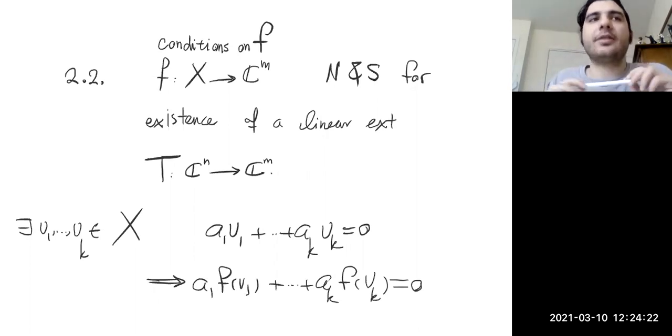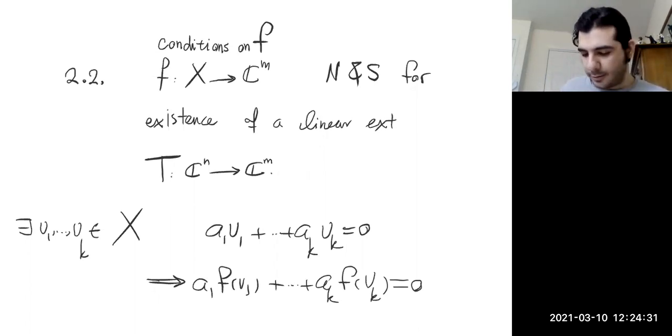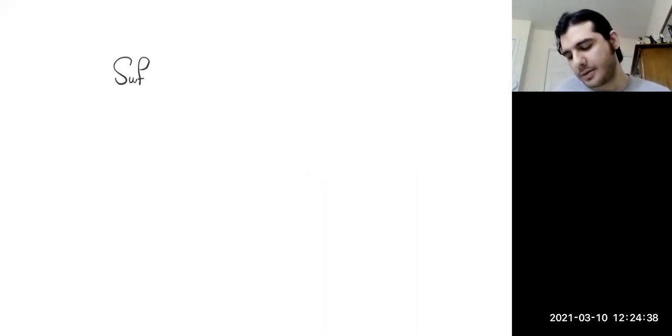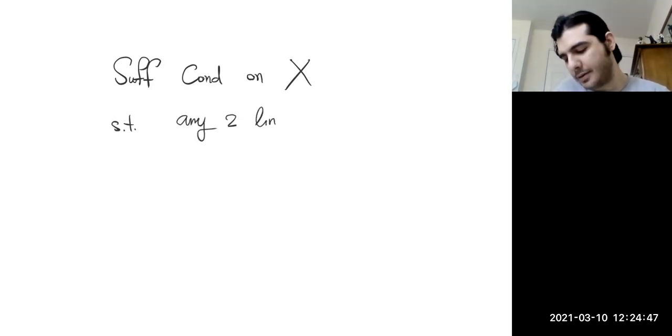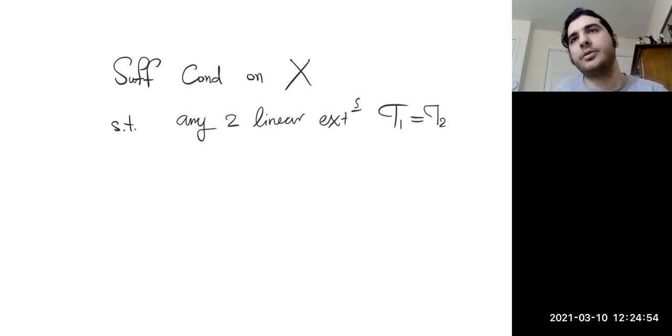And then the last part of the question: formulate a sufficient condition on X under which any two linear extensions of the same map coincide. So let's look at the last part too. What is the sufficient condition on X such that any two linear extensions, T1 and T2, are equal?